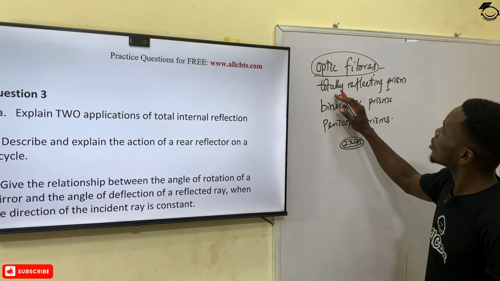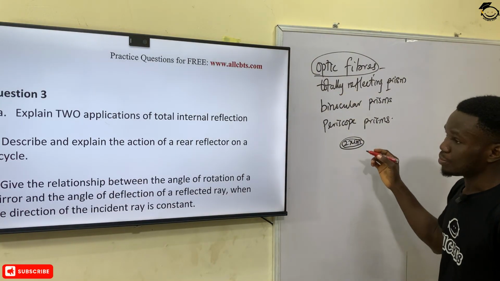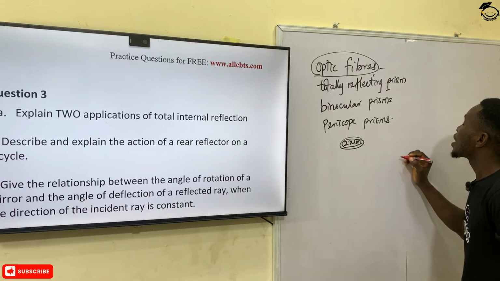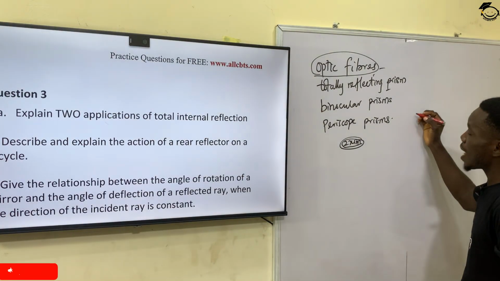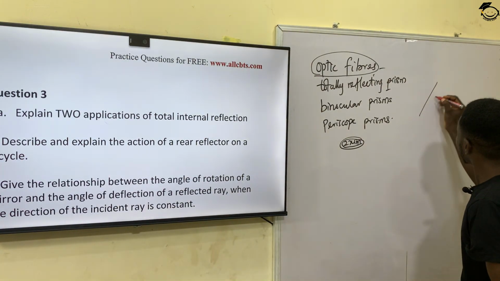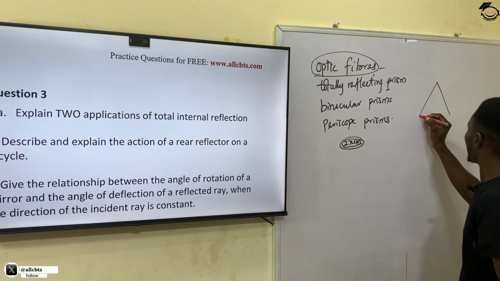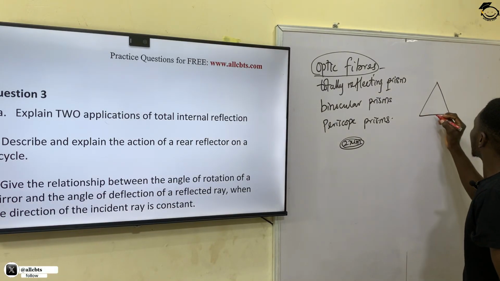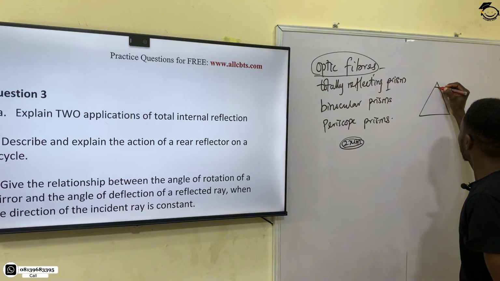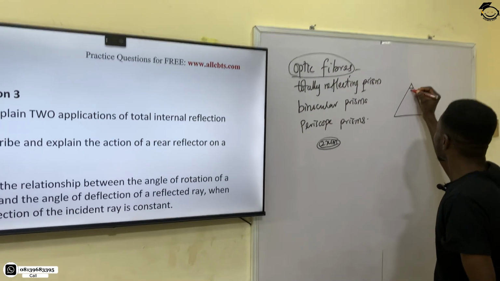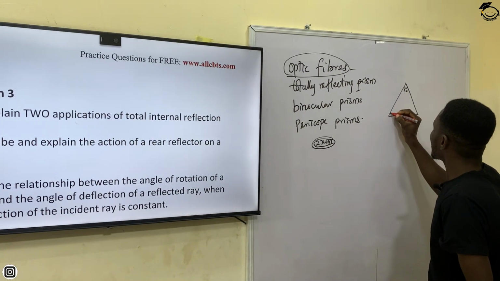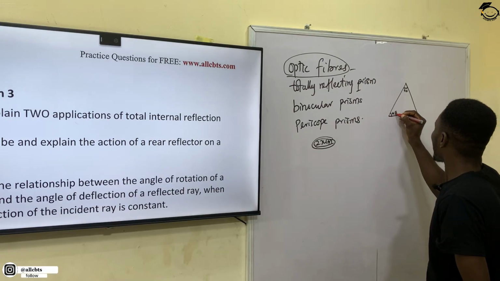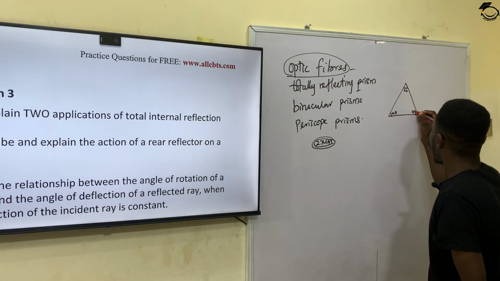Now, another one that we have is your total reflecting prism. Your total reflecting prism is a right-angled isosceles triangle. What do I mean? So your total reflecting prism looks like this. It is right-angled, which means that this angle is 90 degrees. So here is 90. And because it is isosceles, it means that this angle will be 45, and here will also be 45 degrees.